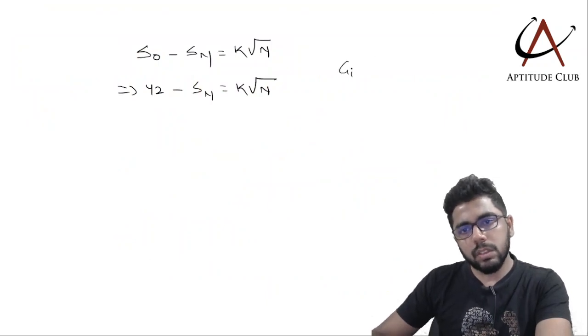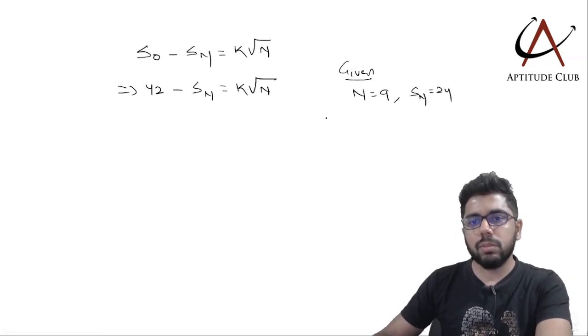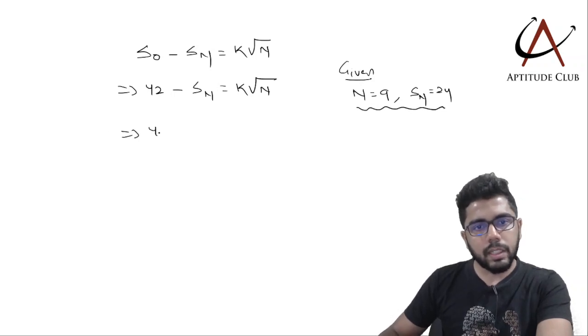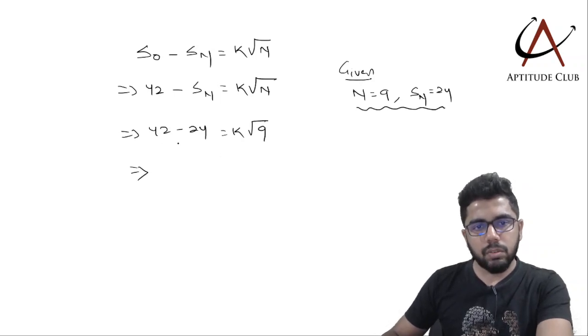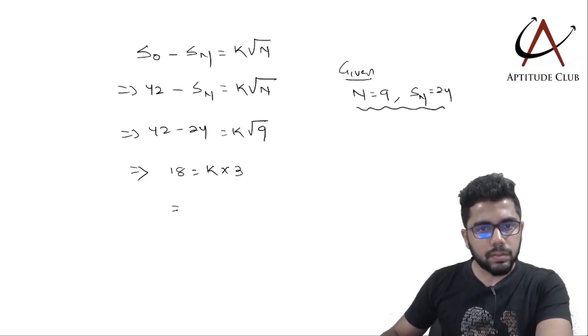So given when n, the number of compartments attached, is 9, Sn becomes 24. Now if I substitute this here, I'll get 42 minus 24 is k times square root of 9. So 42 minus 24 is 18, is k times 3, which gives k is equal to 6.